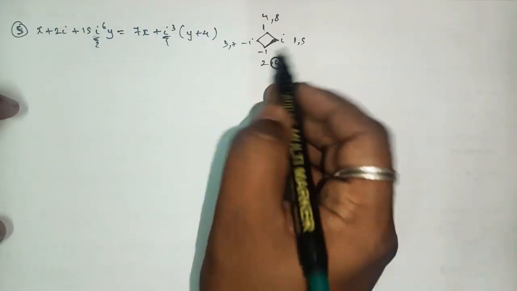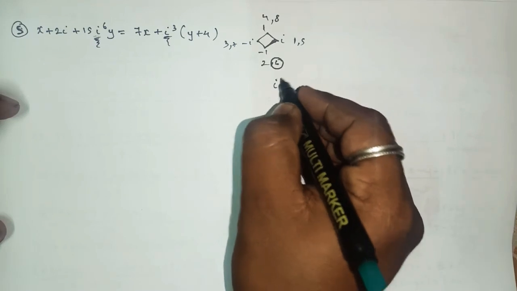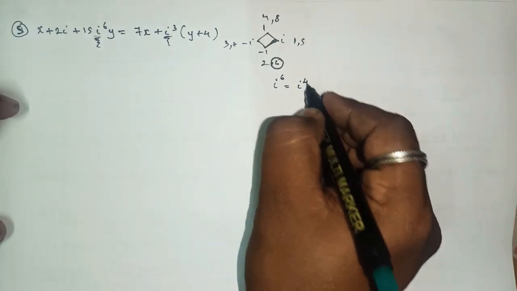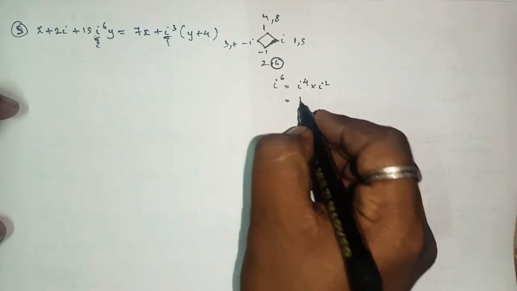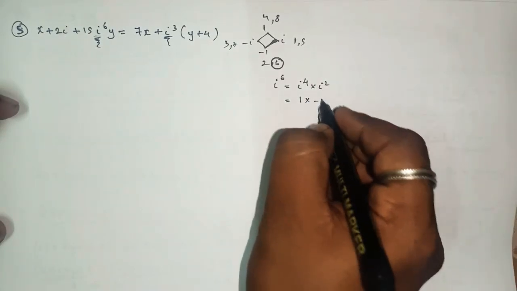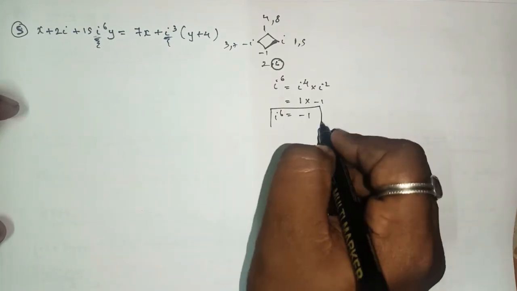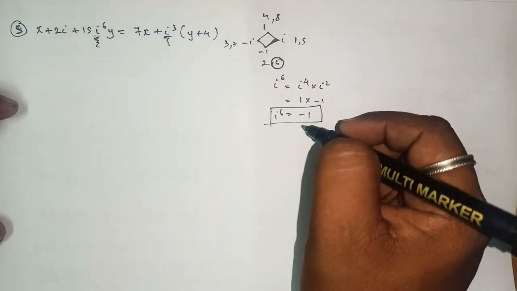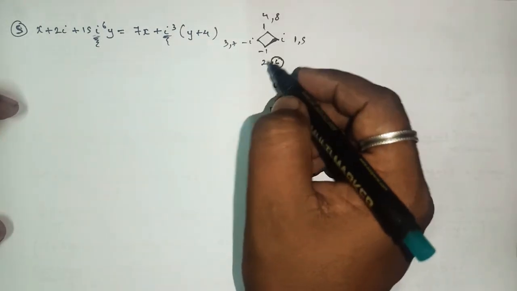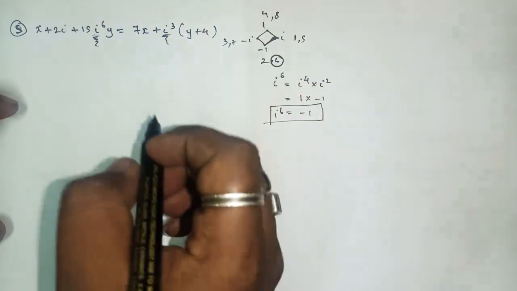So i raised to 6 will be what? Minus 1. Or else i raised to 6 can be written as i raised to 4 into i square. I raised to 4, we know that it is 1. I square is minus 1. So 1 into minus 1, minus 1. After breaking i raised to 6 you got minus 1, and using the trick also we are getting minus 1. So it is up to you, anyhow you can find your answer of i raised to 6.